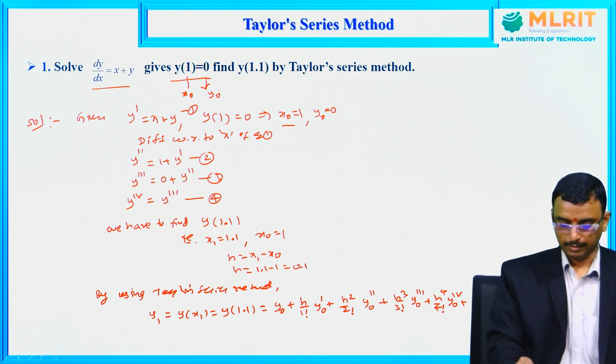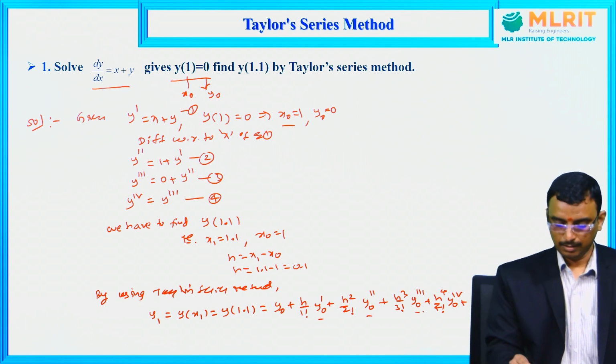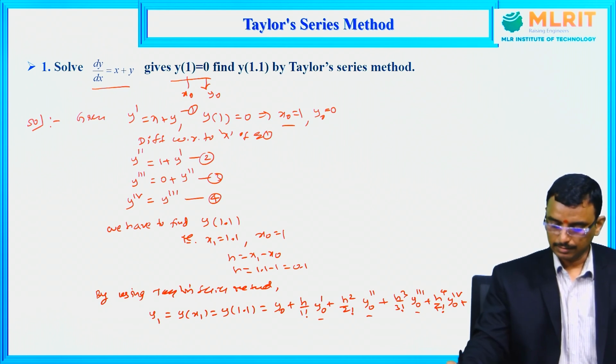Now we have to find this y naught dash, y naught double dash, y naught triple dash and so on. So we take this as equation number 5.